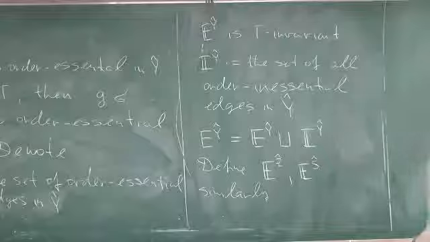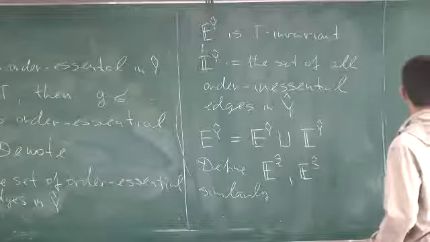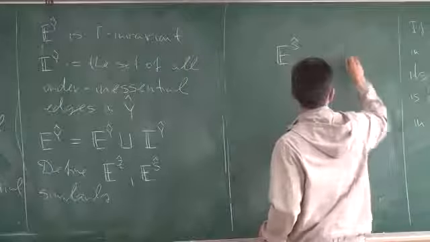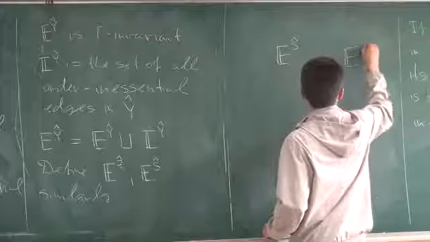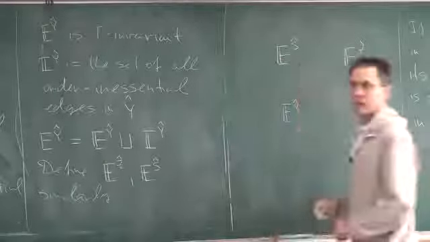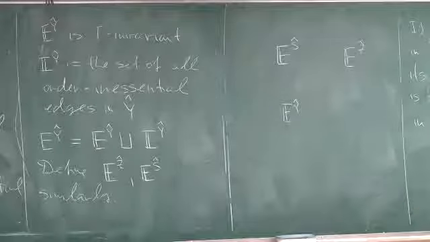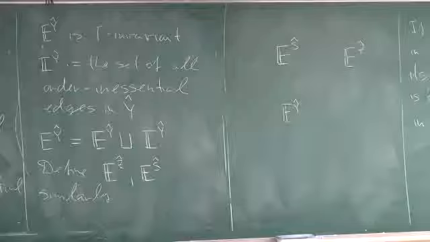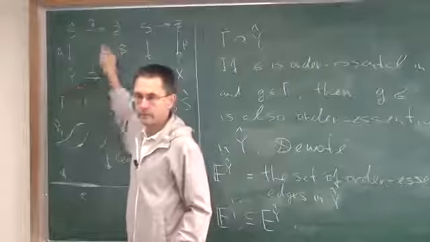Okay, now we can draw a diagram. We can draw a diagram that is similar to that system. E s hat, E z hat, and E y hat. So I drew them that way. Now you look at this diagram here. This E s hat is part of this, and the other two terms are part of these two terms.